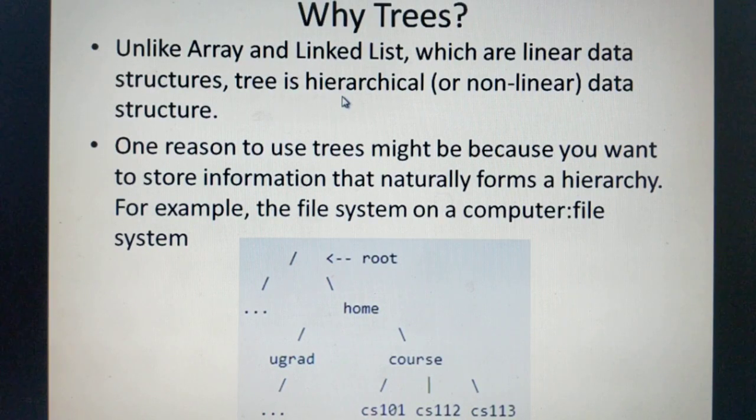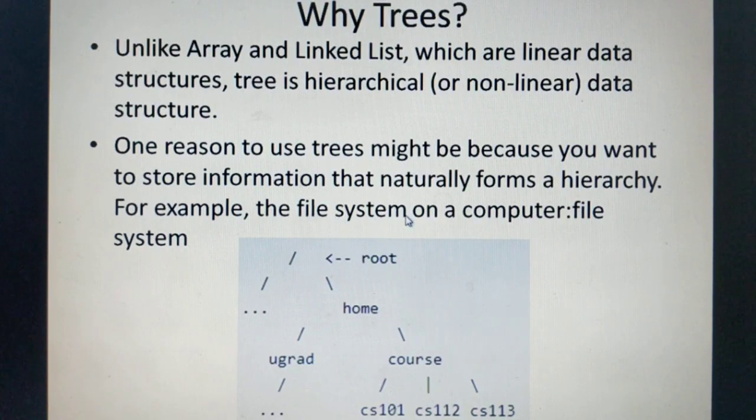For example, let us take the file system on a computer. We have a root, then we have home, then we have the file. How is this data saved onto the computer? It is saved in the form of trees.